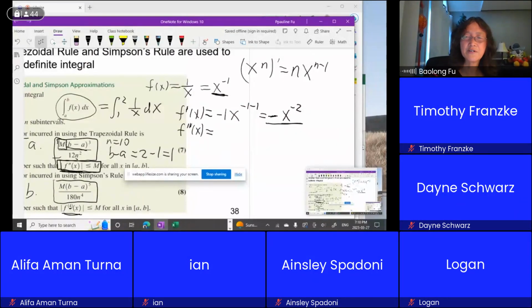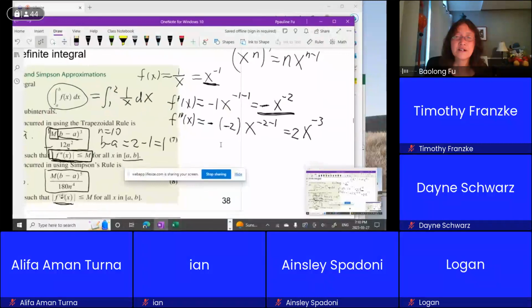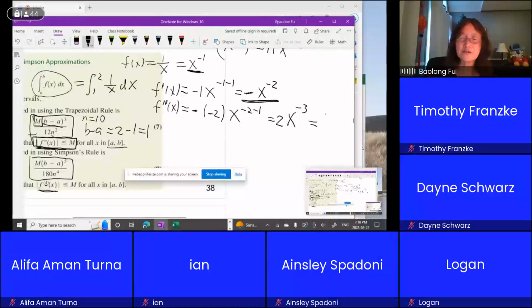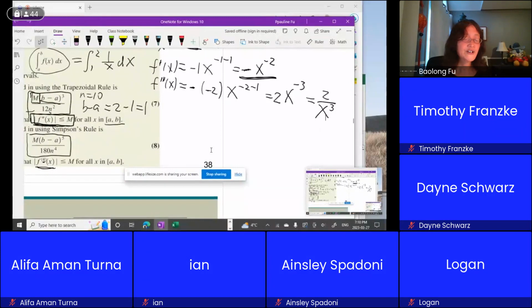Taking the derivative, you have negative 2 times x to the negative 2 minus 1, so negative times negative is positive, x to the negative 3. I can write this function as 2 over x cubed. So this is our second derivative.